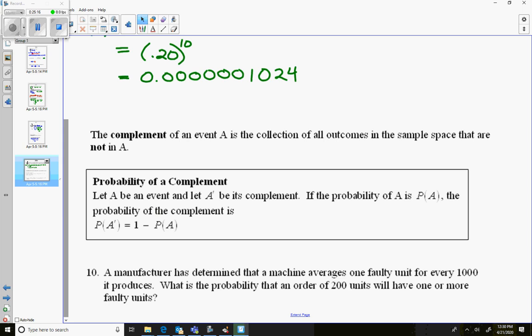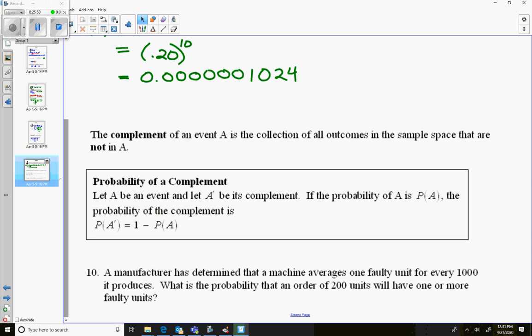So if the probability of A is P(A), the probability of the complement will be 1 minus the probability of A. In other words, if there is a 20% chance it's going to rain today, what's the probability that it's not going to rain? 80%. How did you get 80%? You did 100% minus 20. 100% is just another way of saying 1.